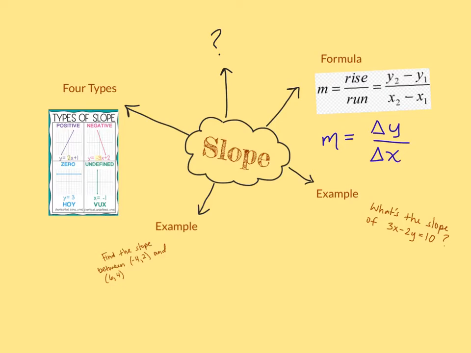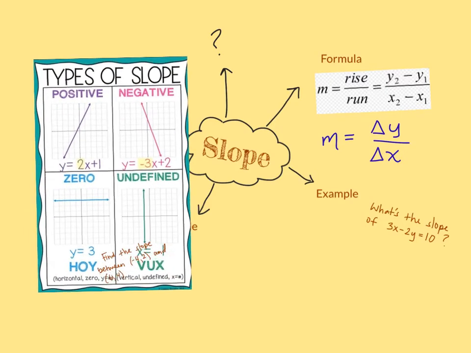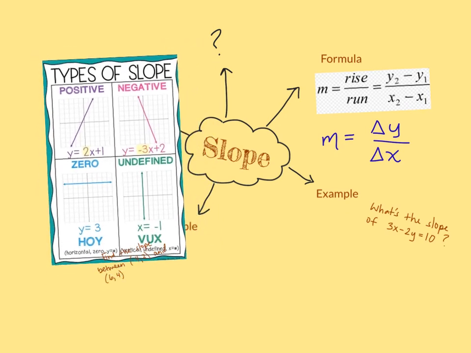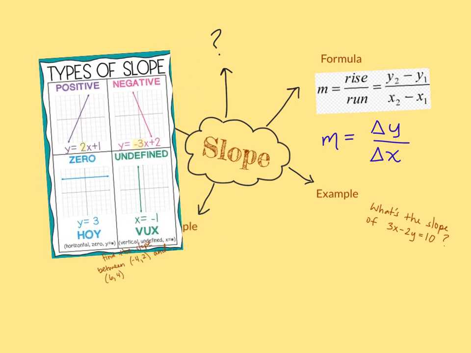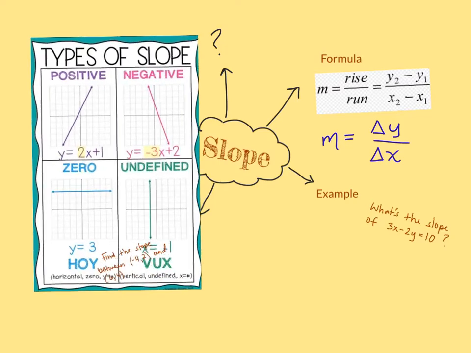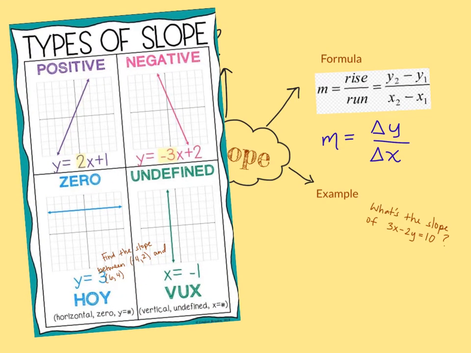There are four types of slope, which we'll look at here. If a slope is positive, that means as we read our graph from left to right, our line's going up. It's negative if it's going down. These are two examples. This is the equation of this purple line here, 2x plus 1. We can notice that the b value, the y-intercept, is 1.